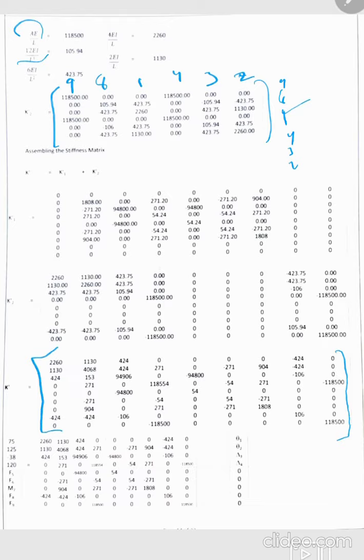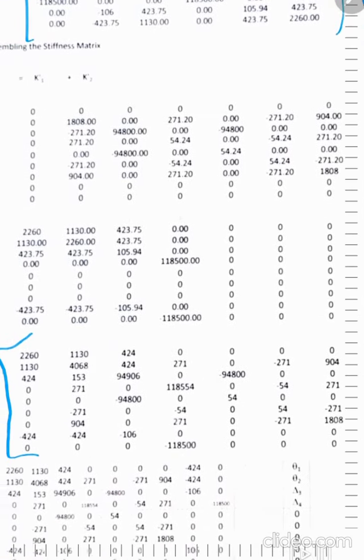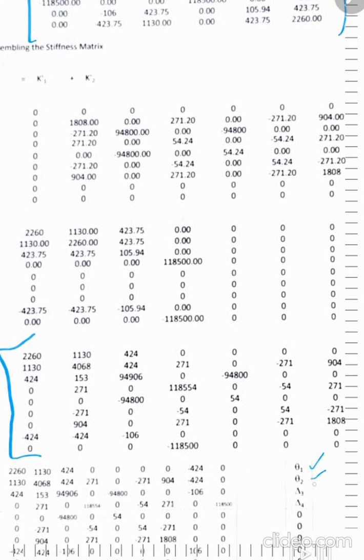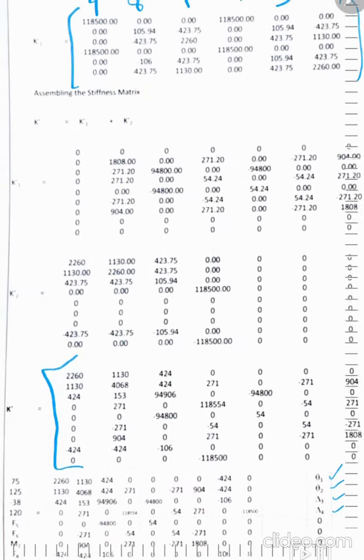Then find the unknown displacements. We have theta 1, theta 2, d3 or small delta, up to you, and d4. These values are unknown values.